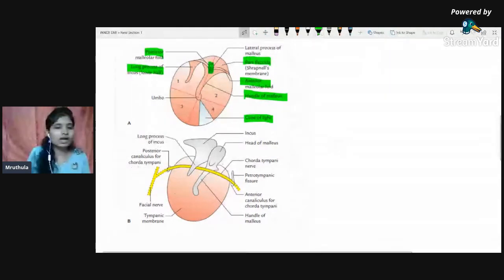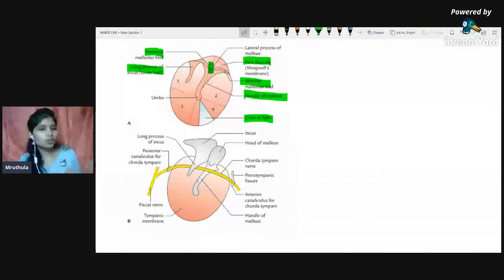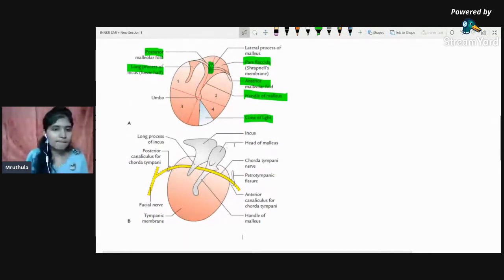Now coming to the next diagram, this is the medial aspect. Let us say we have crossed the tympanic membrane and entered the middle ear cavity, and now from the middle ear cavity, you're turning back and seeing the medial aspect of the tympanic membrane. What are the features you can appreciate now? We can appreciate the bony prominences showing attachment to the tympanic membrane.